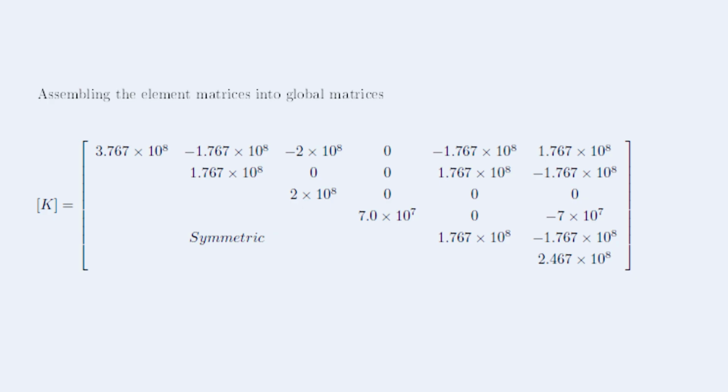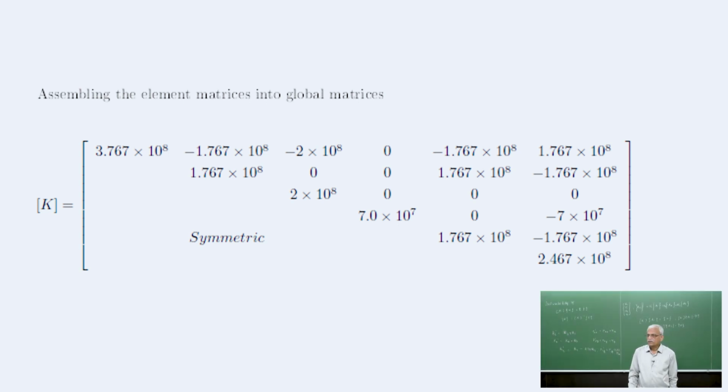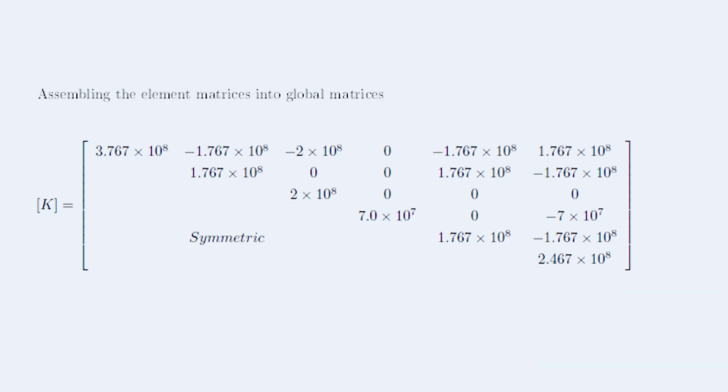And then F1x and F1y are as given, the numerical values, and F2x, F2y are 0, and F3x, F3y are also again 0. So essentially, out of this 6 by 6, in the vector u, 4 values are given to be 0, and 2 force components are 0.